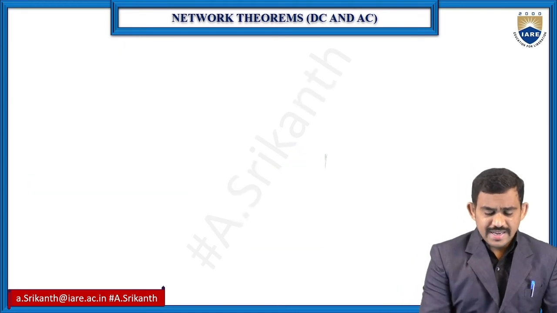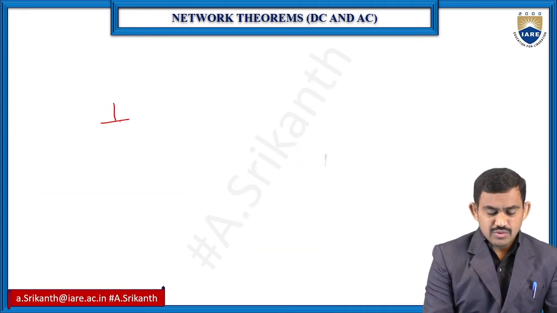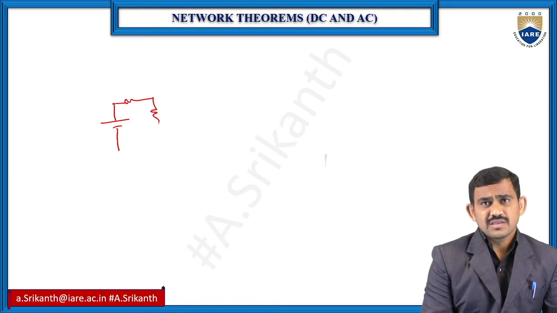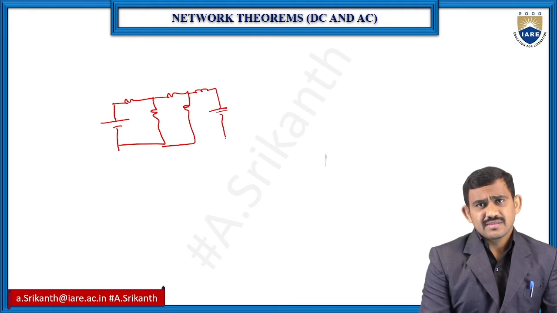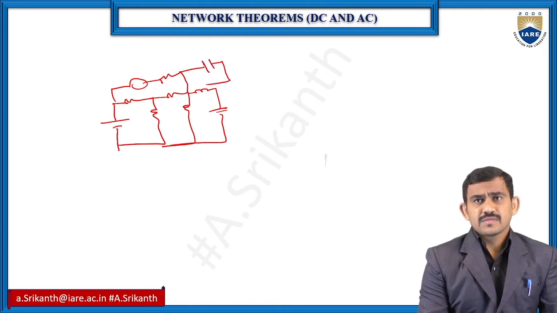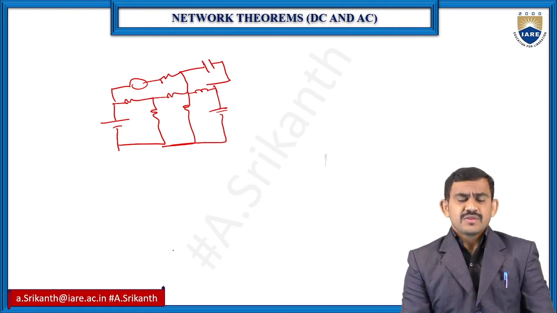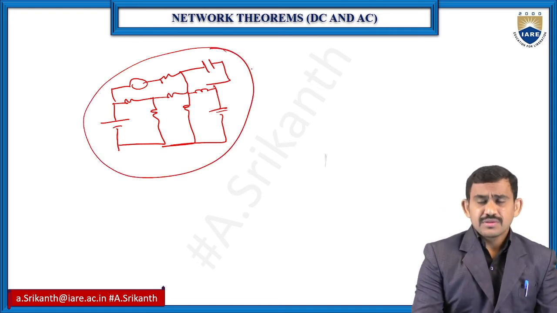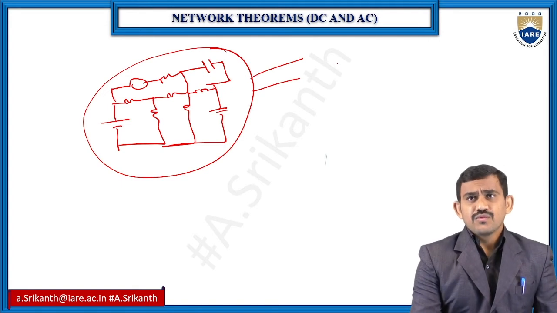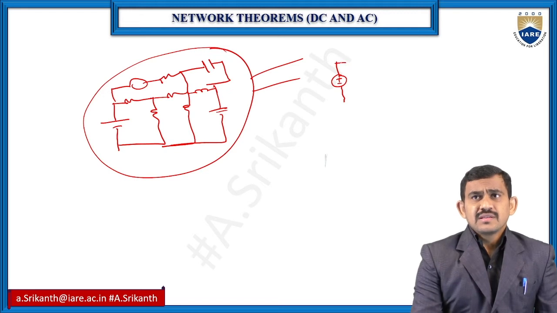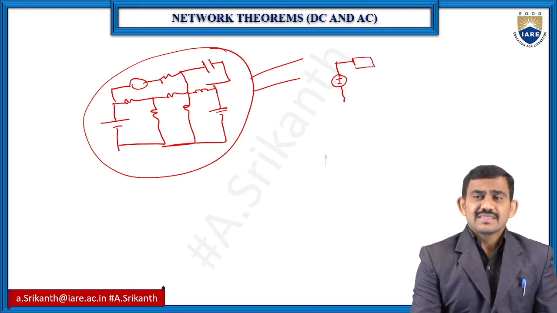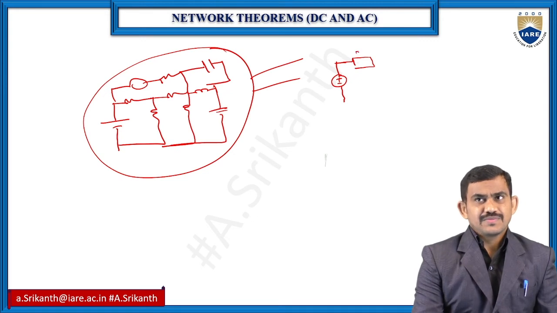Okay. So here I have a circuit with voltage sources, resistors, and maybe an inductor and capacitor, a different type of circuit. The total circuit converts into one voltage source in series with one resistor. Resistor means in DC, impedance means in AC.